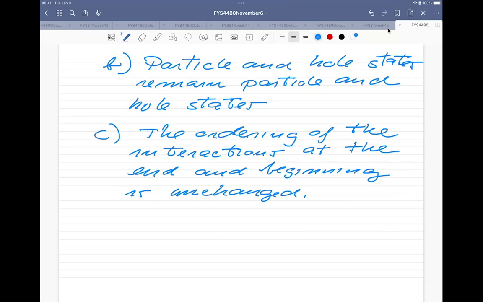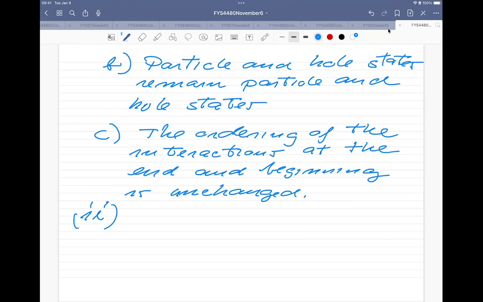Then, the next rule is that for each topologically distinct diagram, we then need to set up the interaction vertices. And for each of the interaction vertices, we have to figure out whether this is a one-body, two-body, or three-body interaction. And from that, we have to set up the different labels, which then indicate whether there's a state to the left of the interaction and to the right.